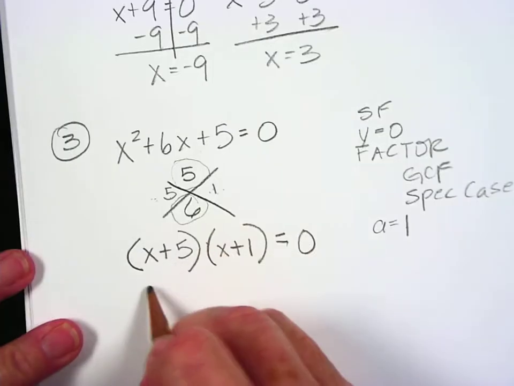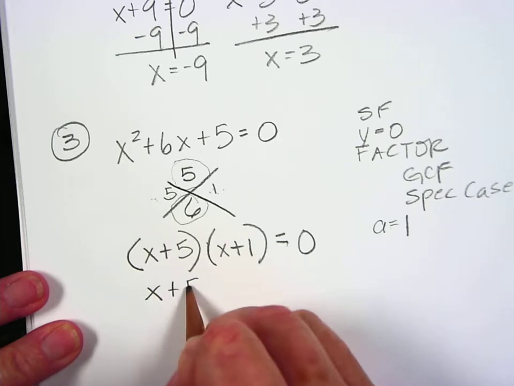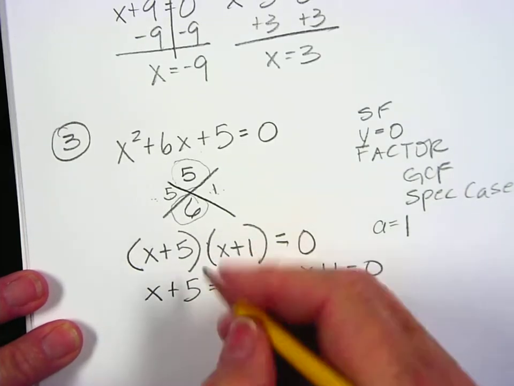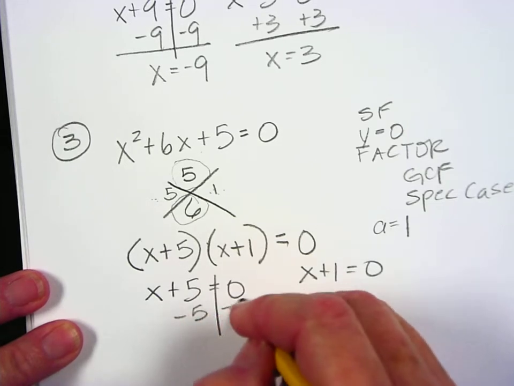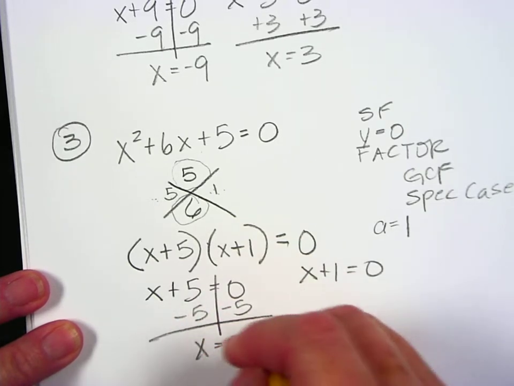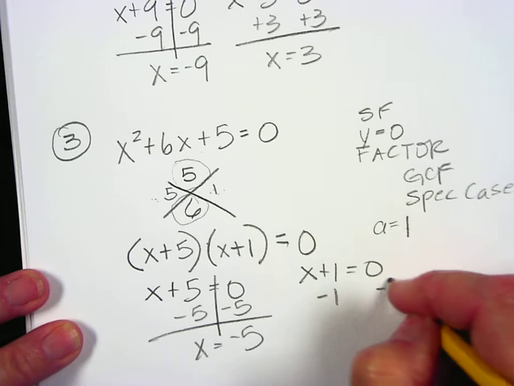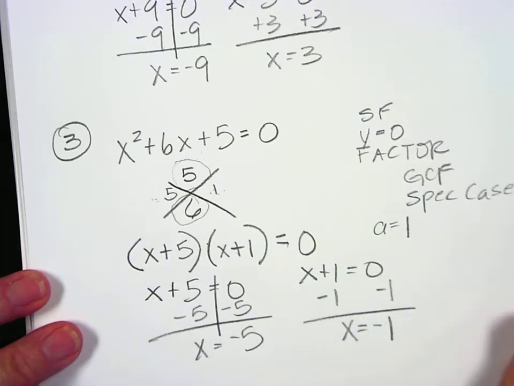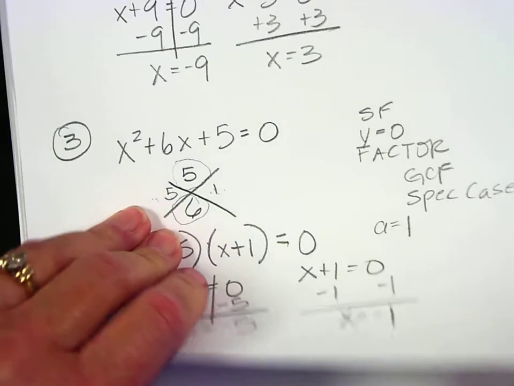Set each factor containing a variable equal to 0. Isolate your variable. And there are your two solutions. Piece of cake.